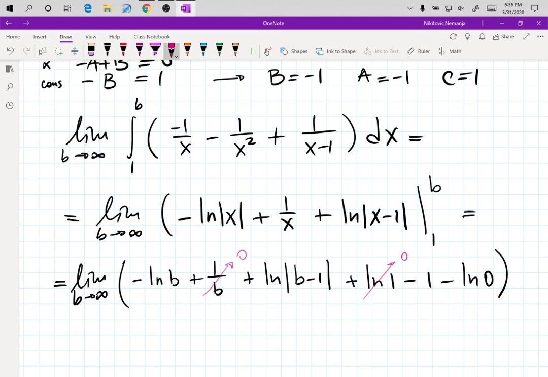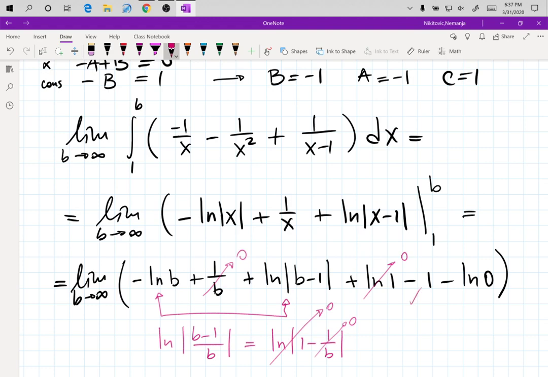We can combine these two terms into ln of b minus 1 over b, which is ln of 1 minus 1 over b. And when you send b to infinity, that term will go to 0 because 1 over infinity goes to 0.